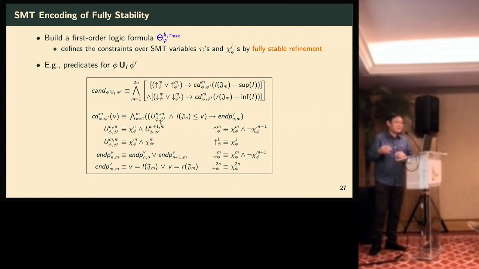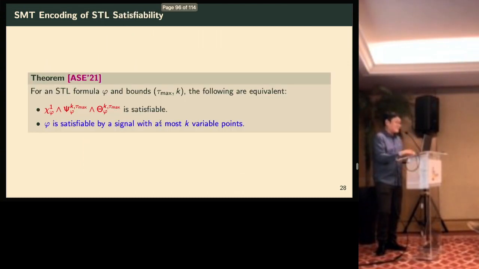And therefore, finally, we can give this fully stable refinement condition as an SMT formula. I'll quickly skip that part. Therefore, we can reduce the SMT encoding of satisfiability to just SMT satisfiability.